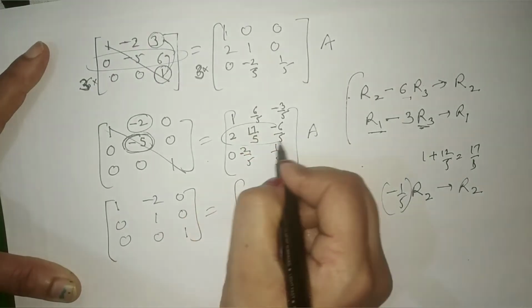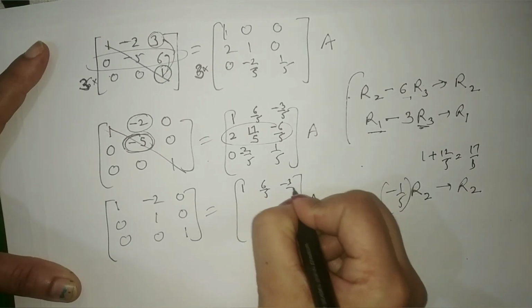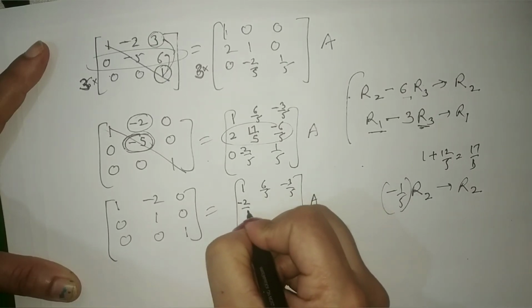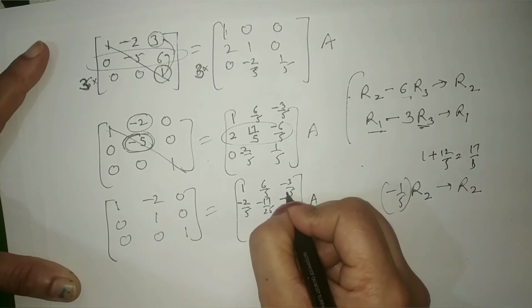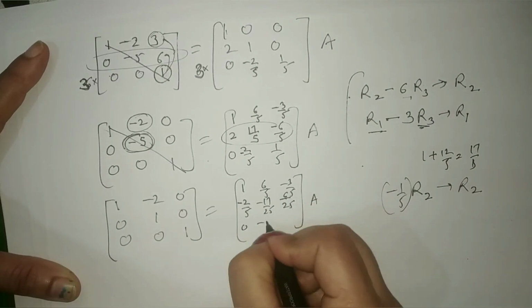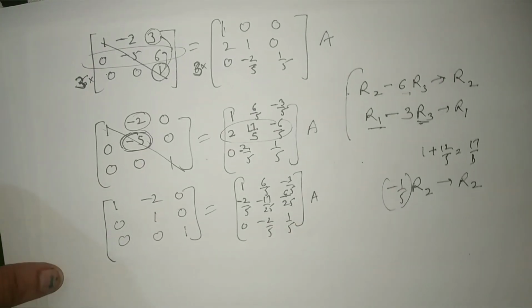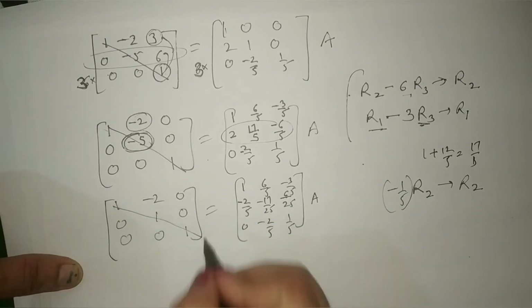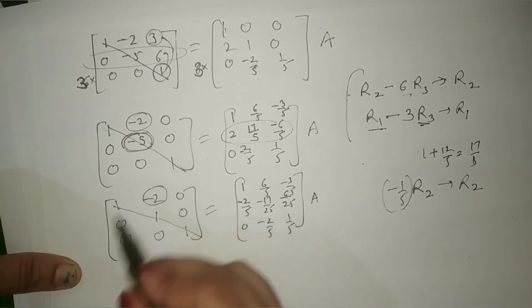Here again we have to multiply it by minus 1 upon 5. So first row is same, and second row when multiplied by 1 upon 5 will give us this thing. So now all the elements on the diagonal are 1, non-diagonal 0, but only this element is left.